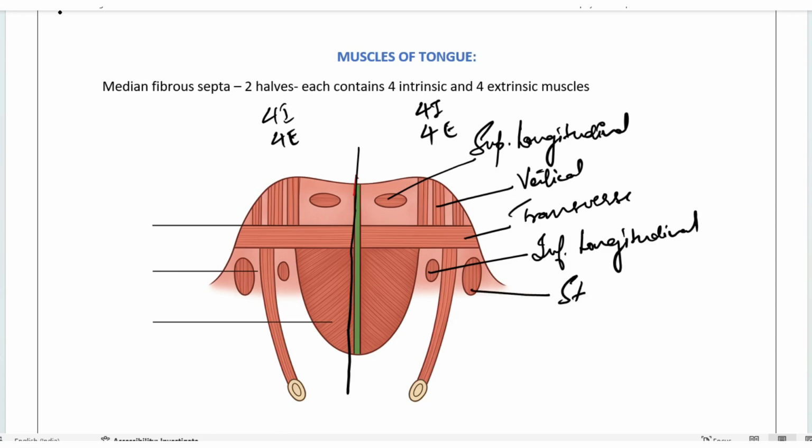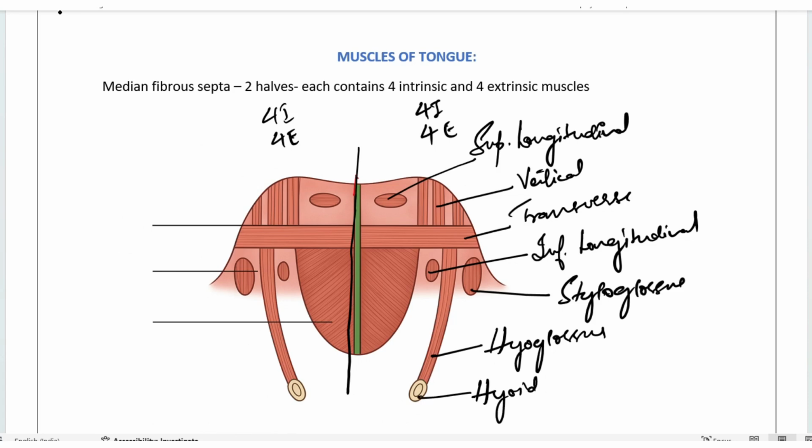This is styloglossus. This is hyoglossus. This is hyoid bone. And the largest muscle that you see here is the genioglossus.